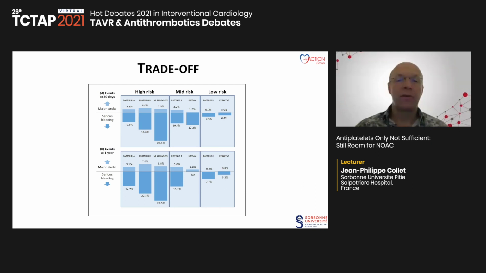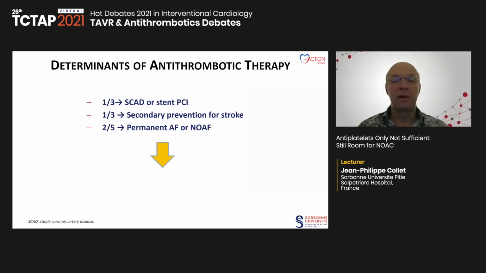The occurrence depends, of course, on the underlying risk of the patient. But this is just to outline the fact that we should not be too aggressive with the antithrombotic regimen, and that safety is very important. And I would say safety first, and this is why NOAC is a good opportunity in the TAVR setting.